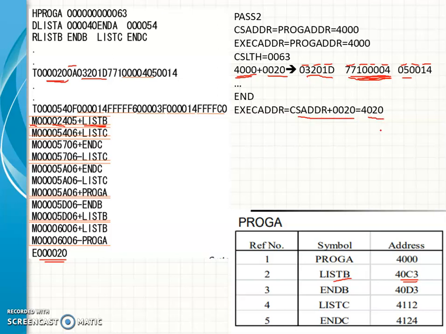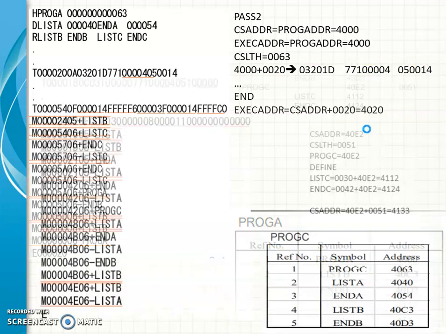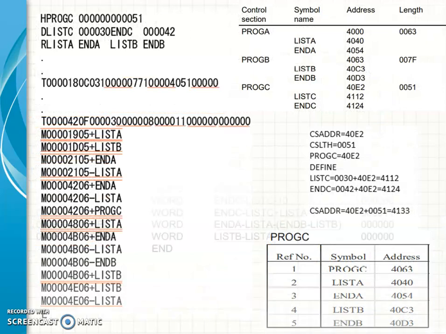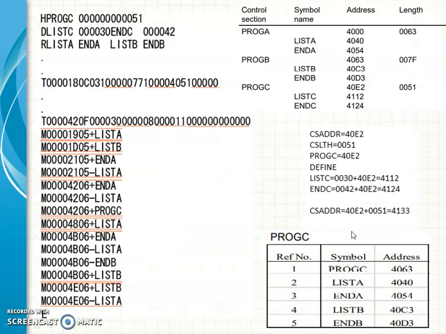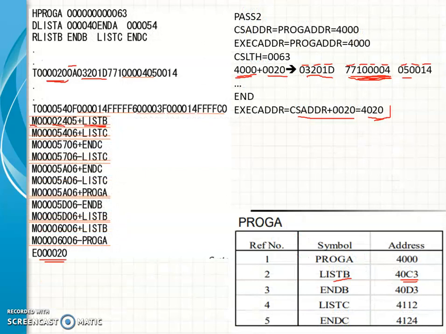You get the value 4020, from where the actual execution will start. This is the case for program A. But in case of program B and program C, for the end record there won't be any address given. Here only E is there, no address is given. For program A alone, the address is mentioned.